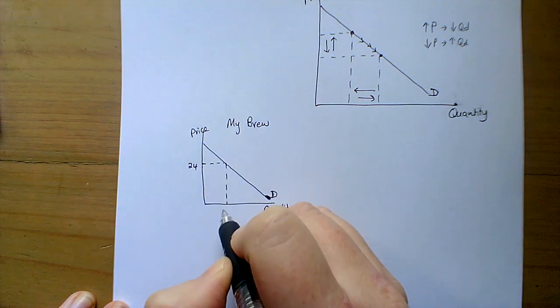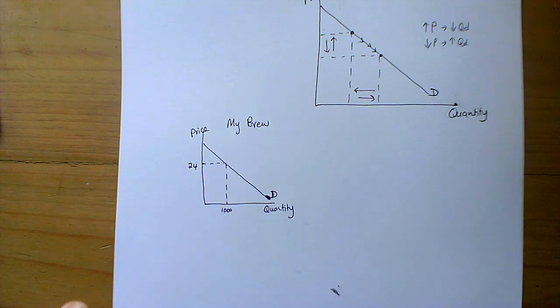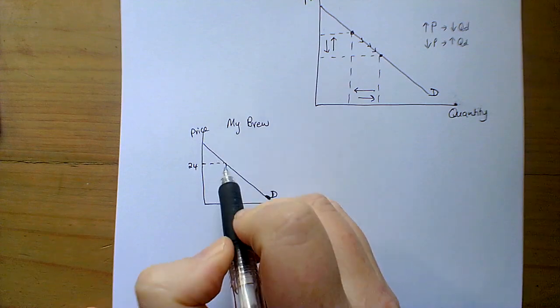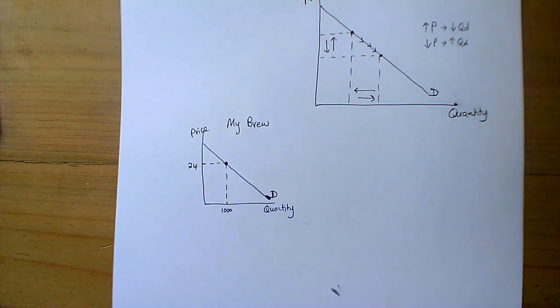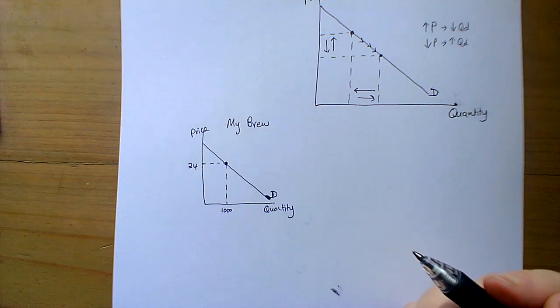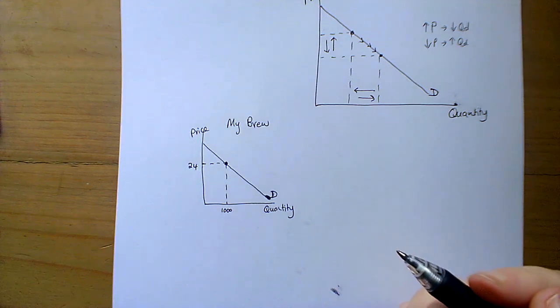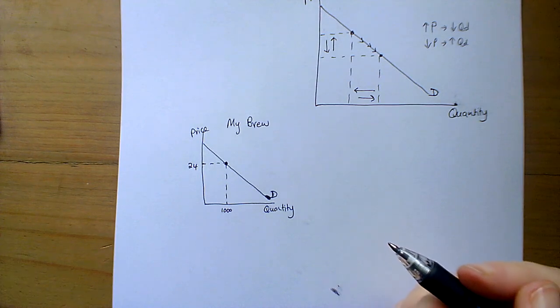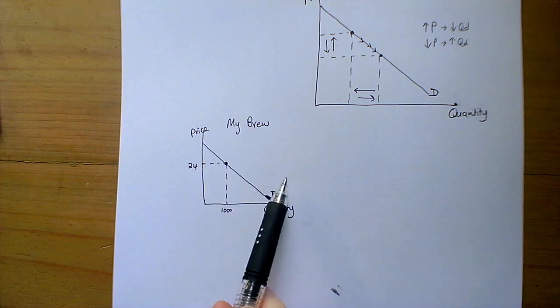And so let's say 1,000 coffees are bought and sold a day. Okay. My Brew then invests in an advertising campaign. So My Brew tries to increase people's desire for their coffee. How would that affect this picture?